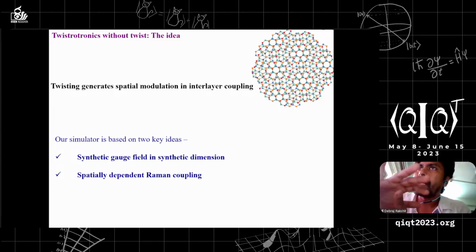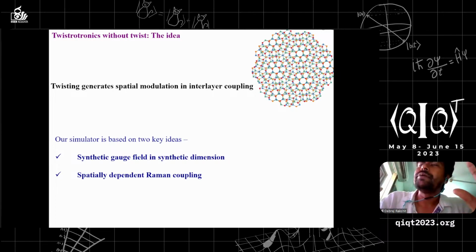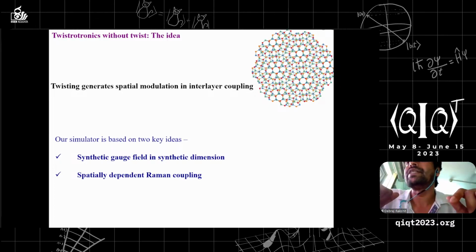Because you apply different pressure at different points on the material, your interlayer tunneling will get modified. So effectively you are also creating larger unit cells and different materials altogether. So this is the key idea.